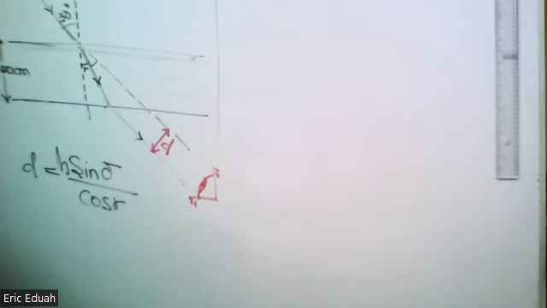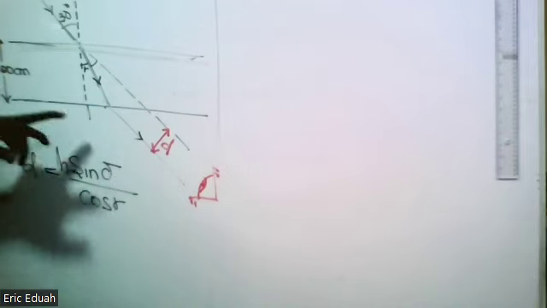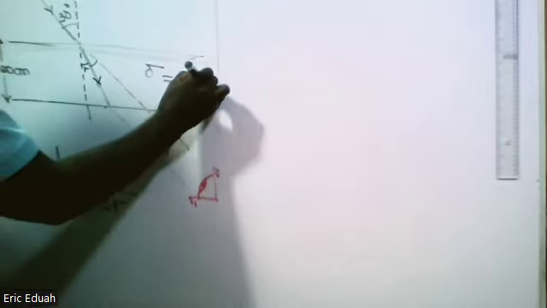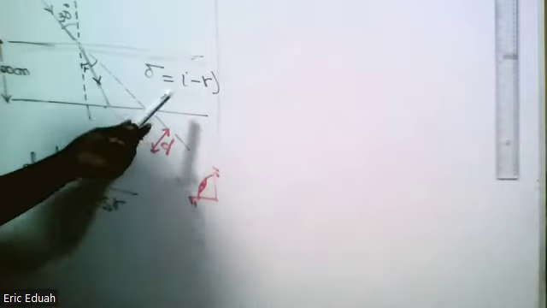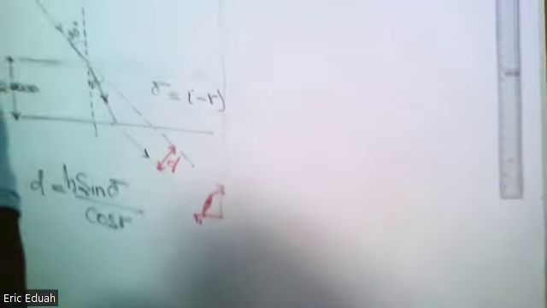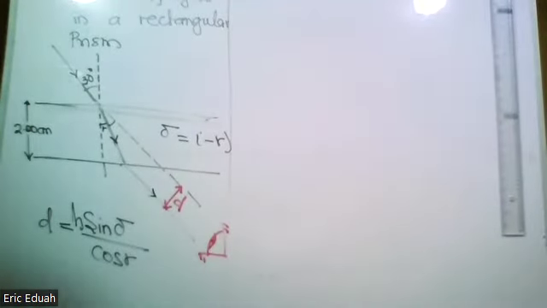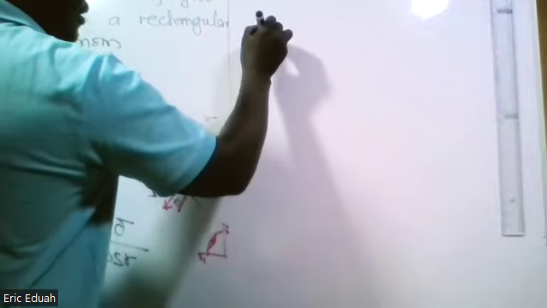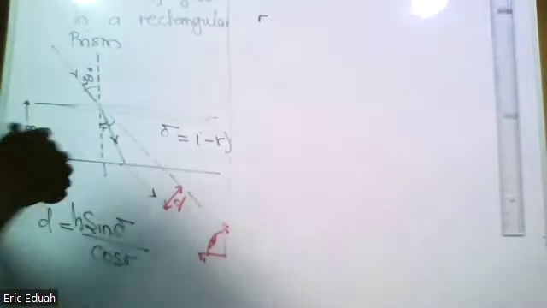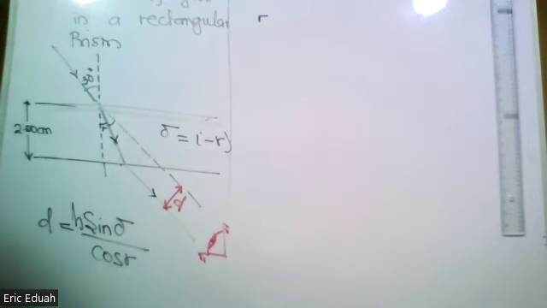Sigma is I minus R. We don't know R, but we have I. So how do we find R in order to subtract it from I to get the angle of deviation?